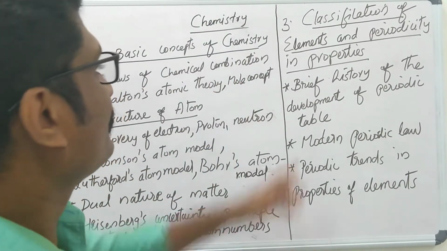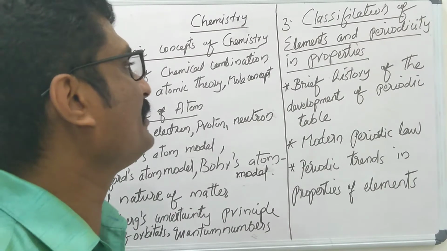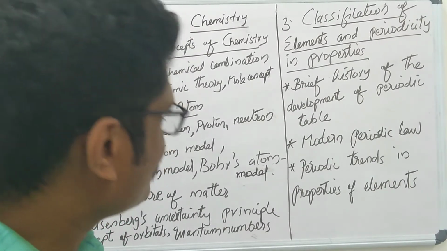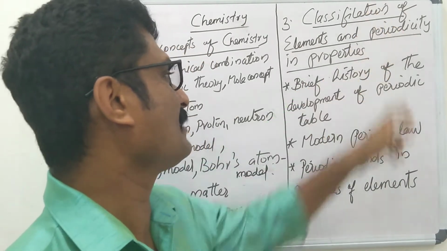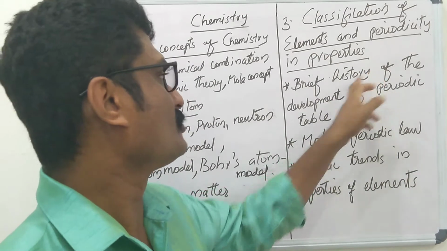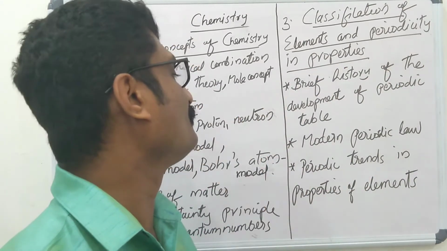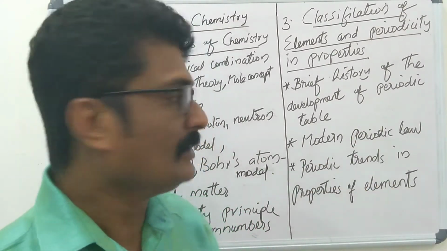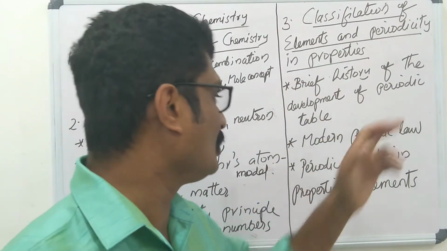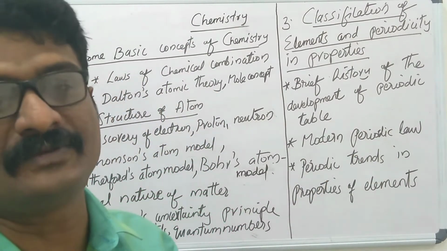The next chapter is classification of elements and periodicity in properties. In this chapter you will study about the brief history of the development of periodic table, then Mendeleev's periodic law, modern periodic law, then periodic trends in properties of elements.